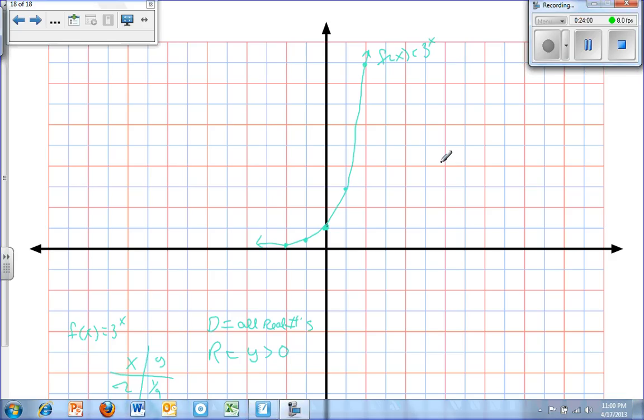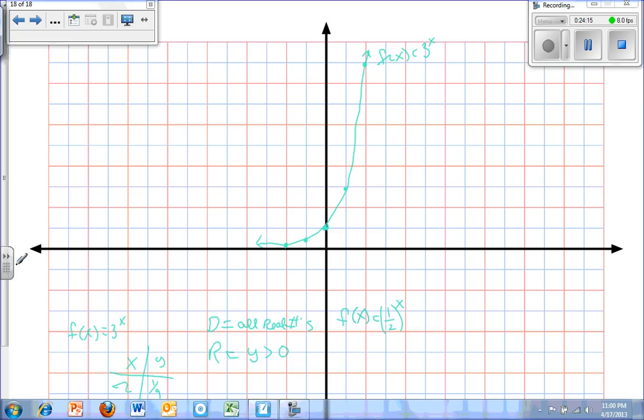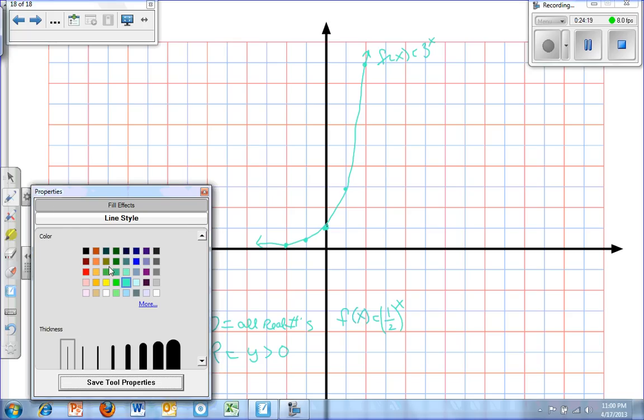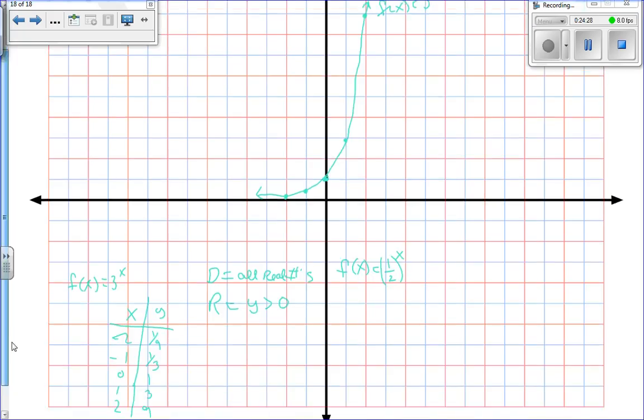We need to graph y, f of x equals 1/2 raised to the x power. So let's see. Let's change some here so we can see the difference.